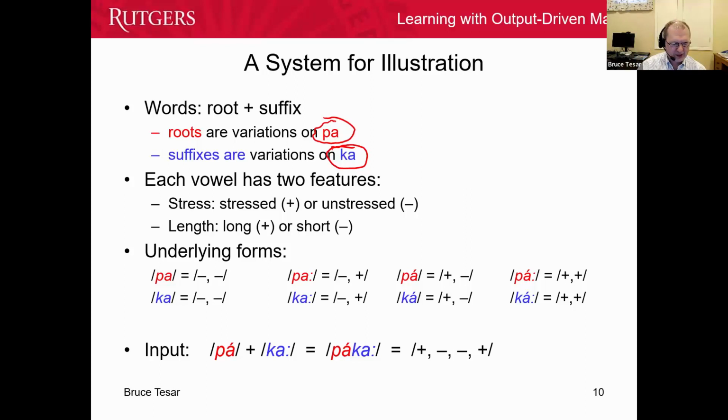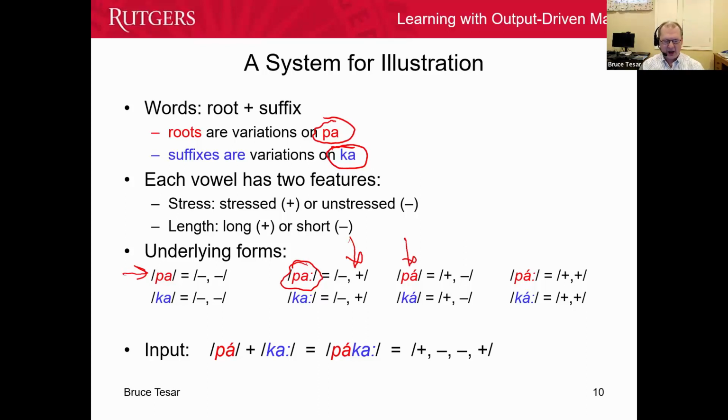So if we're looking at the underlying form for, say, the root pa, where the vowel is short and unstressed, we have two features and they're minus minus. The order in which these little vectors are always given is the stress feature first, then the length feature. This is how we would represent something that is unstressed but long: minus stress, plus long.